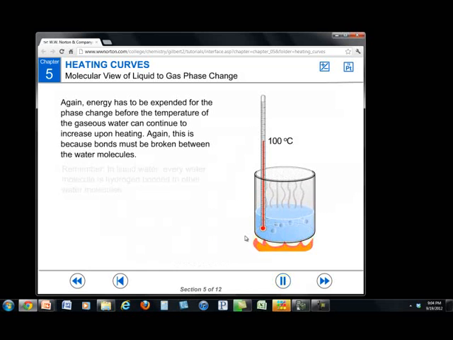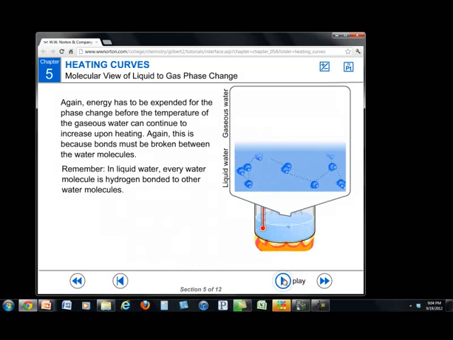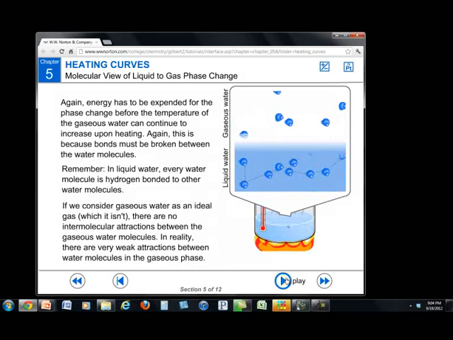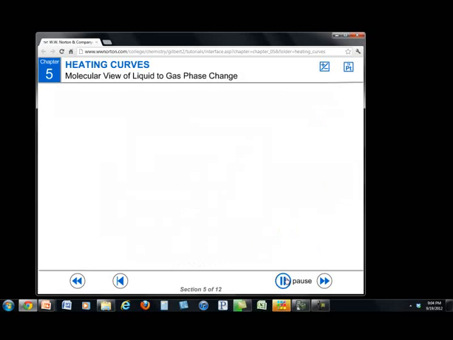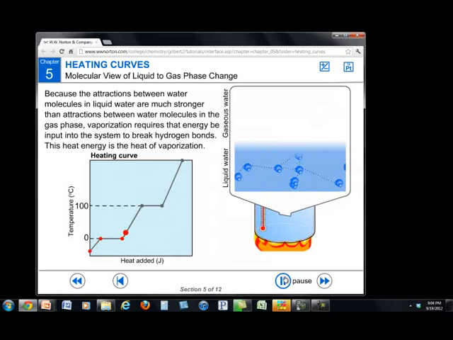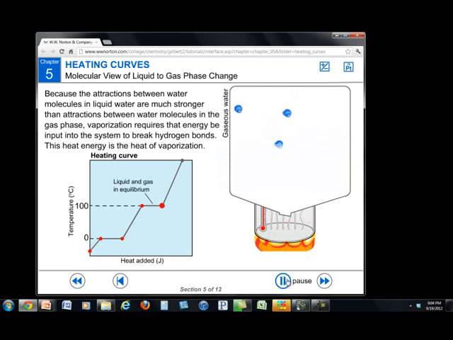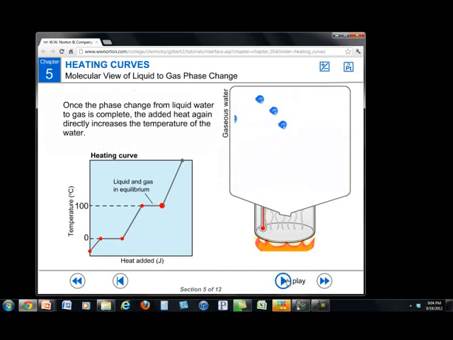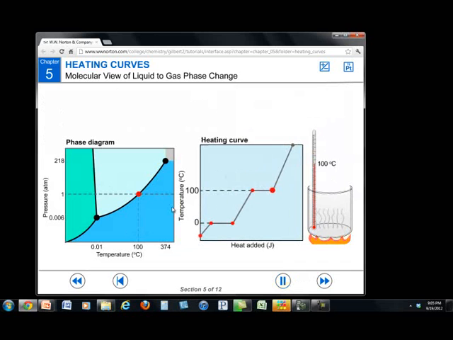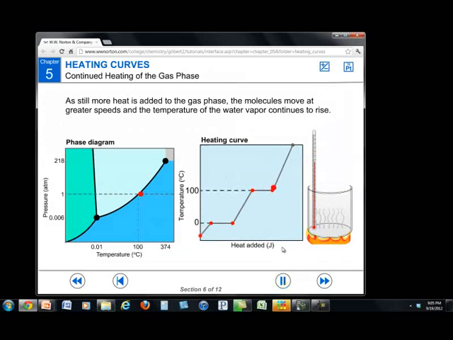Okay, so we need heat at this point. I mean, the heat is being used to raise the temperature. Molecules are moving faster. That's what's happening. So no, the temperature is not rising on this flat part, but once we pass this flat part and add more heat, more energy, the temperature starts to rise.